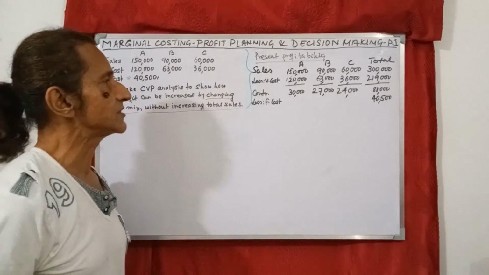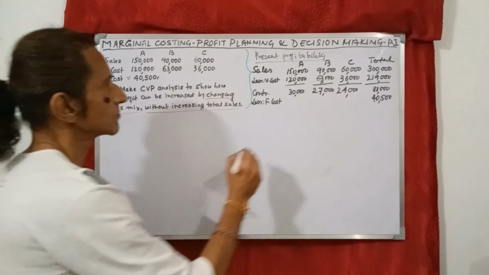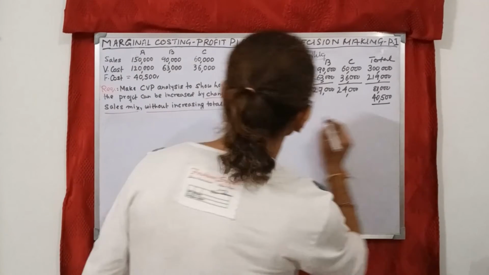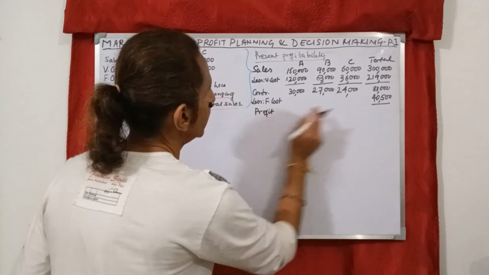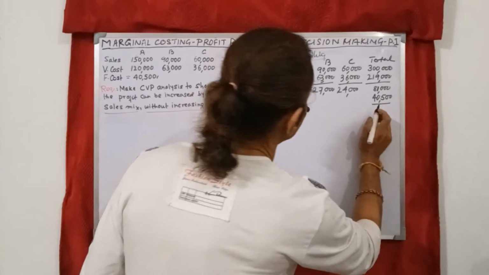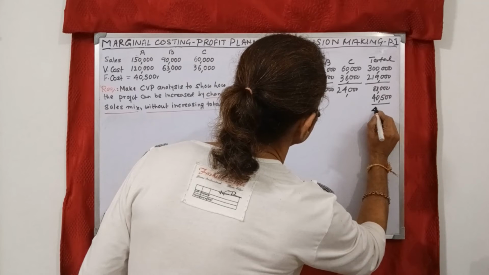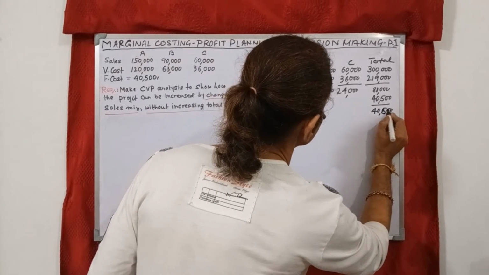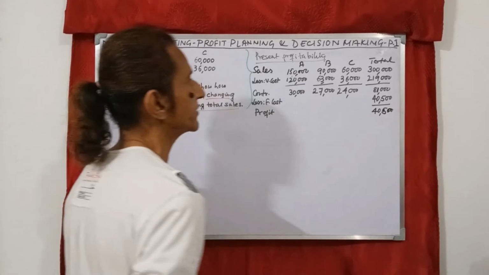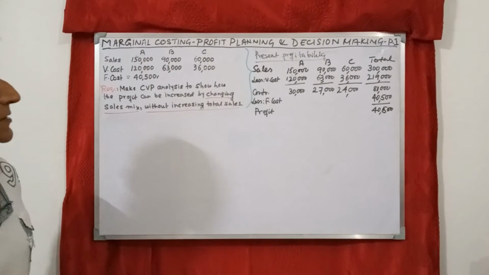Contribution minus fixed cost is profit. So profit is 81,000 minus 40,500. That gives us 40,500. So the present profit is 40,500.